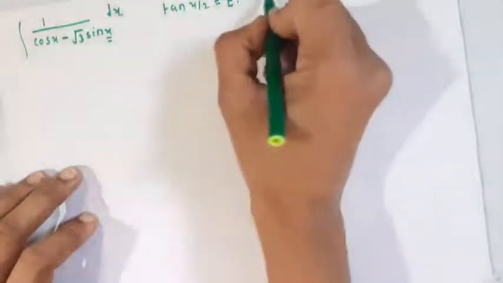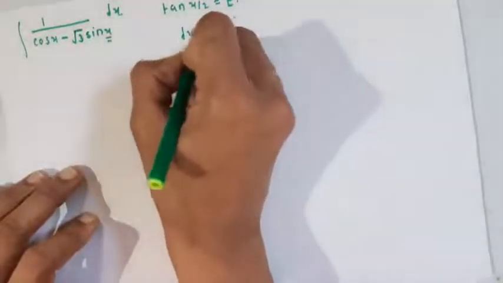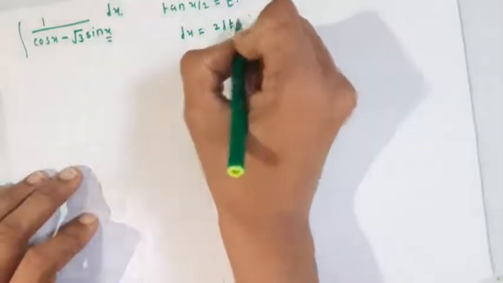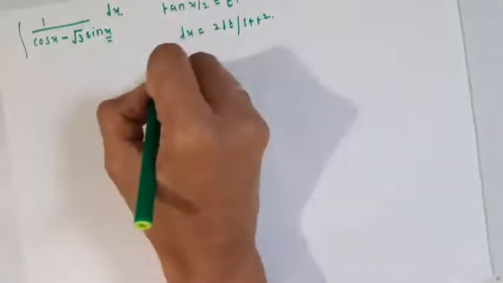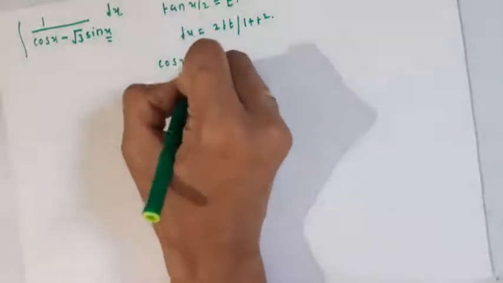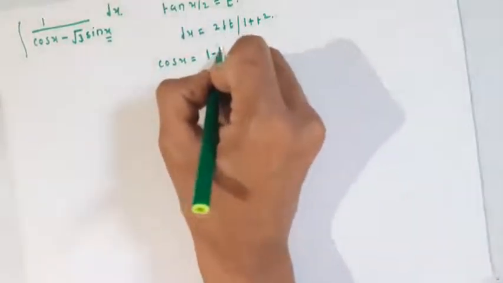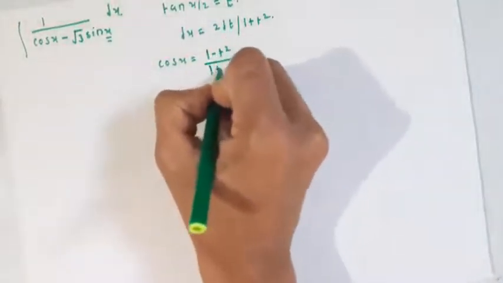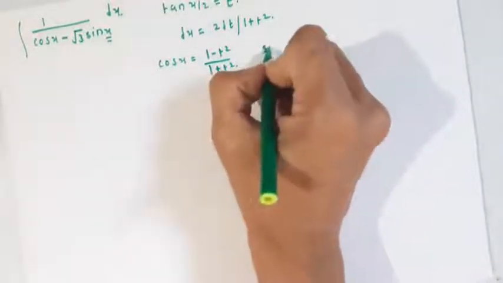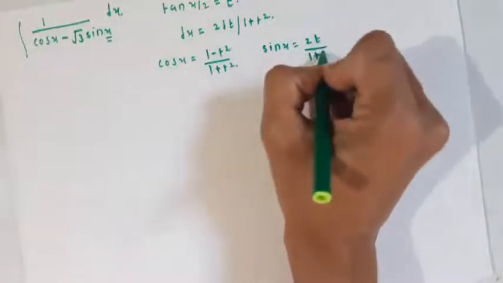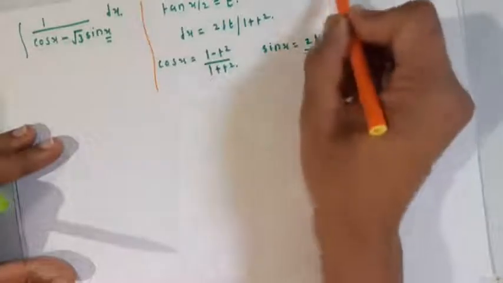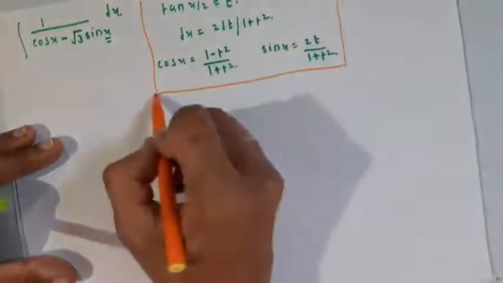Put tan of x by 2 equal to t, and the value of dx in this case is 2 dt upon 1 plus t square. Then the value of cos x is 1 minus t square upon 1 plus t square, and the value of sin x is 2t upon 1 plus t square. By using all these values, simplify the above problem.